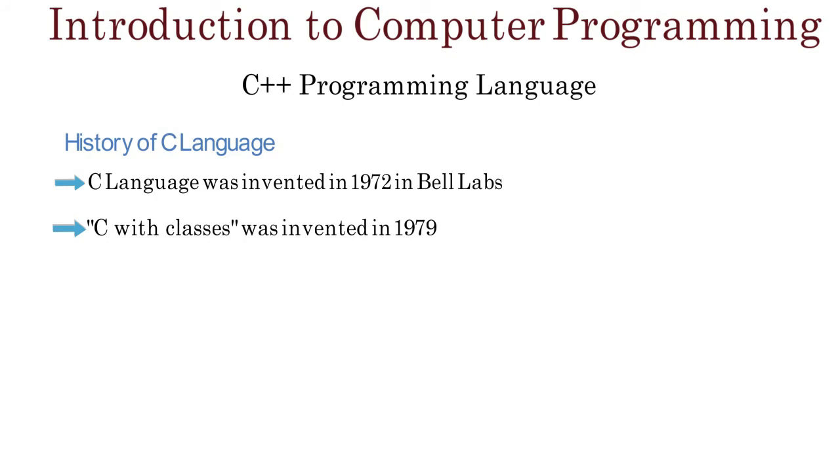The main problem with the C programming language is as the complexity increases and the program tends to become larger, it was really difficult to write and manage the programs. So new features were added and named it C with classes.